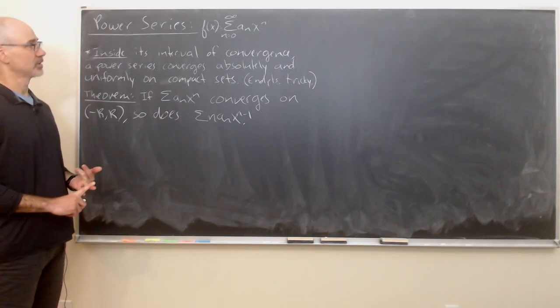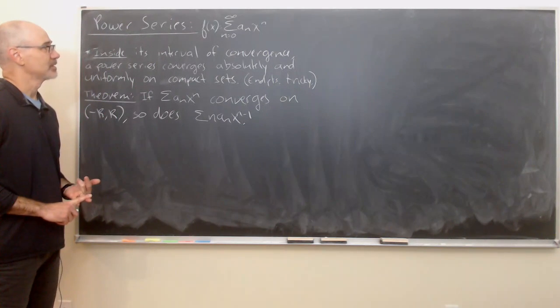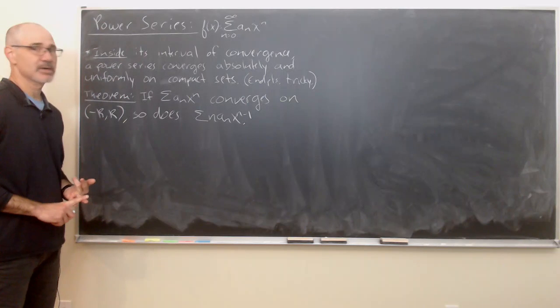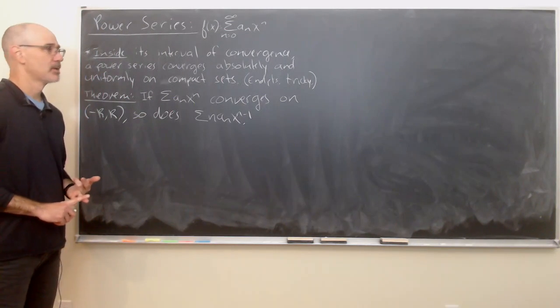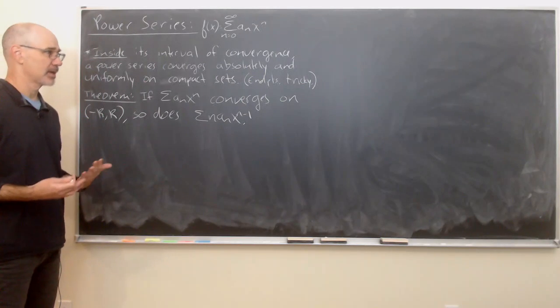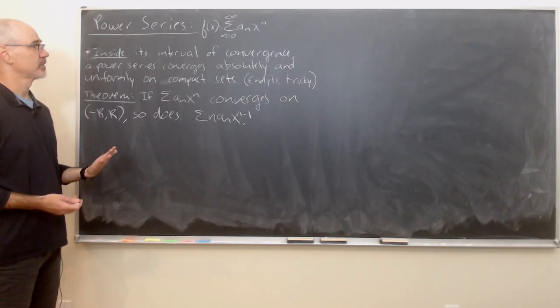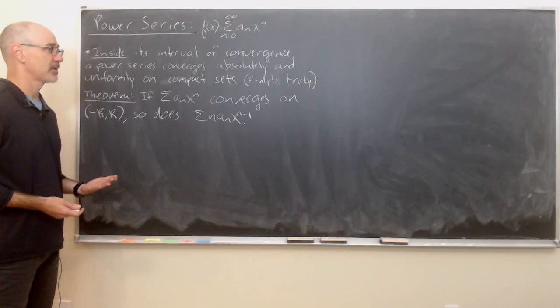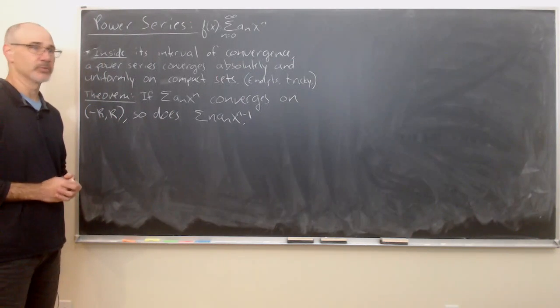It's kind of a degenerate interval. And then what we normally think of as an interval, some symmetric interval from minus R to R, where it may or may not converge at either or both endpoints. So we always refer to the interval of convergence of a power series, though we have a sort of broad understanding of what that means.